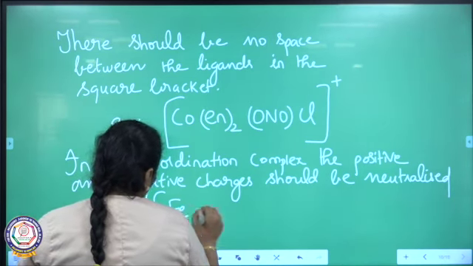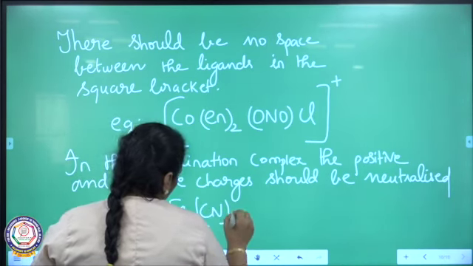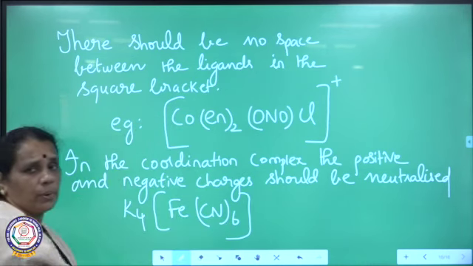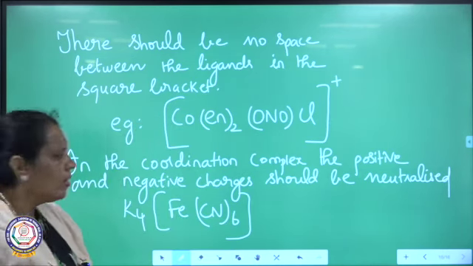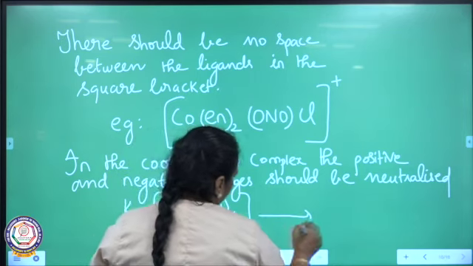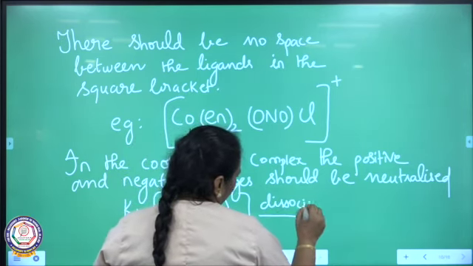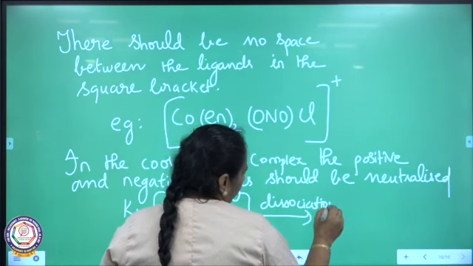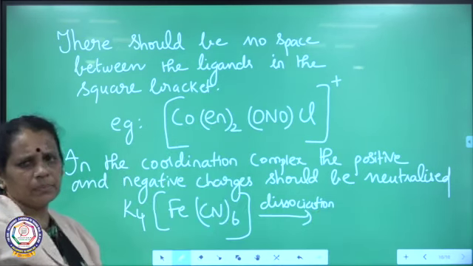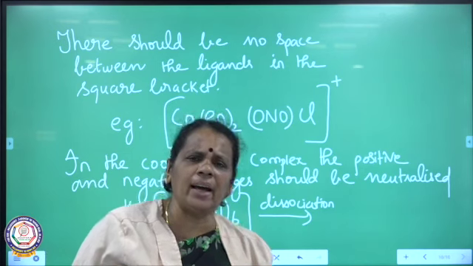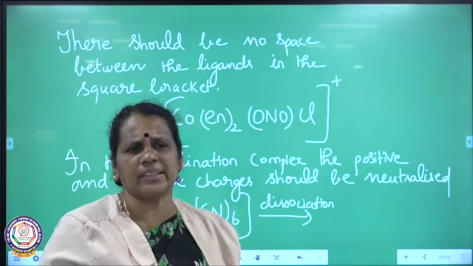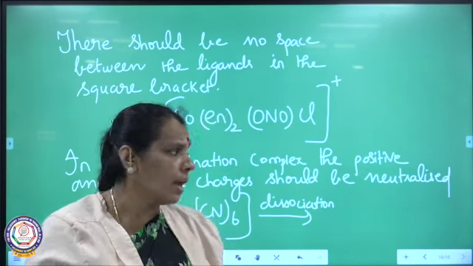K4[Fe(CN)6], potassium ferrocyanide. So it is a complex compound, potassium ferrocyanide. When it dissociates, you will be getting 2 different ions here. You are going to get a cation as well as an anion, positively charged as well as negatively charged ions.